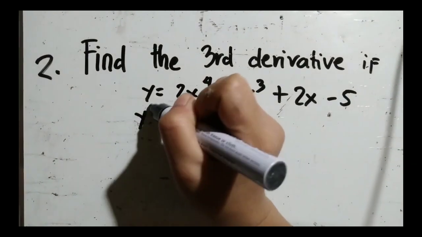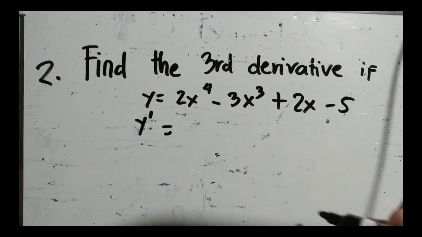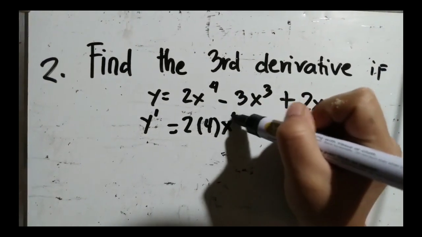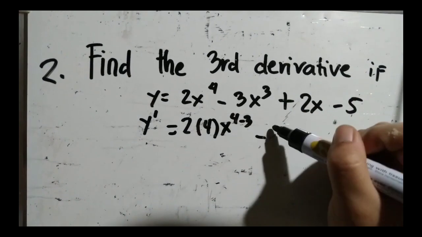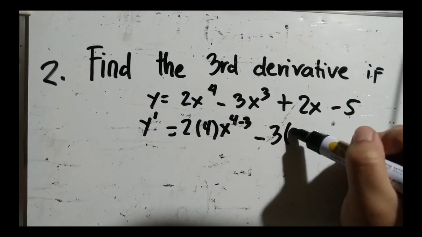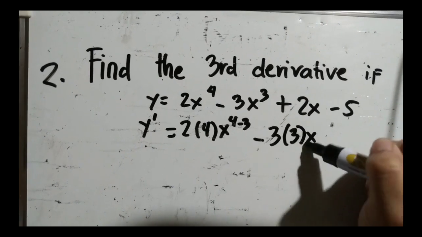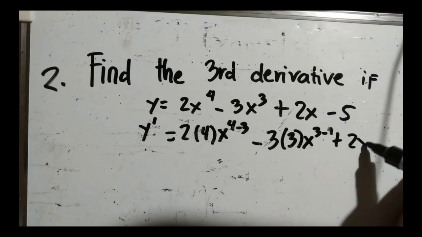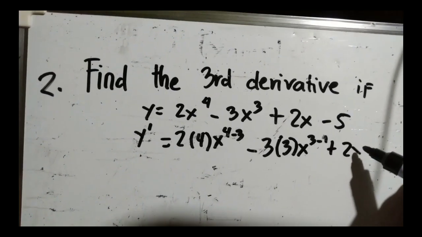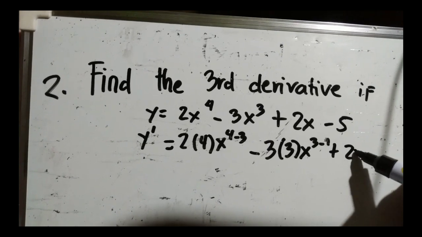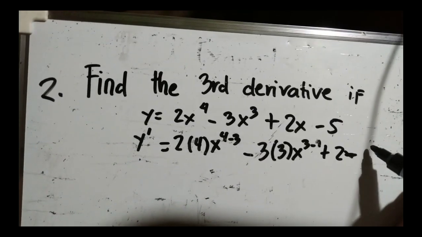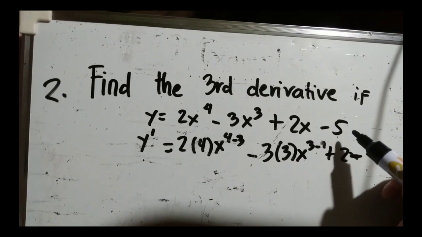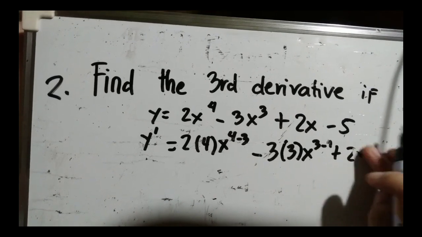The same process: 2 times 4x raised to 4 minus 1, minus 3 times 3x raised to 3 minus 1, plus 2, and the derivative of the constant is 0.